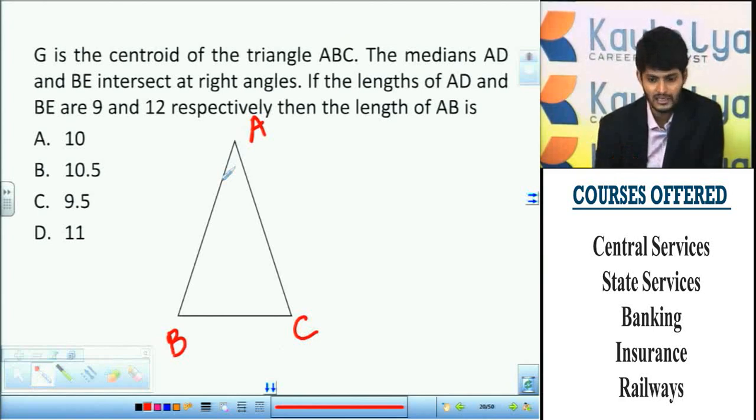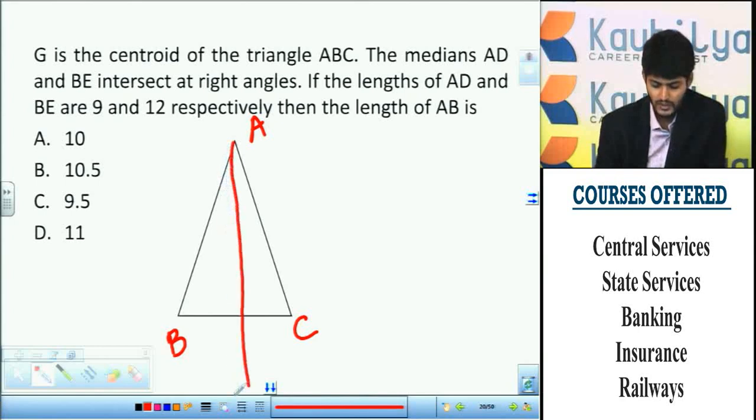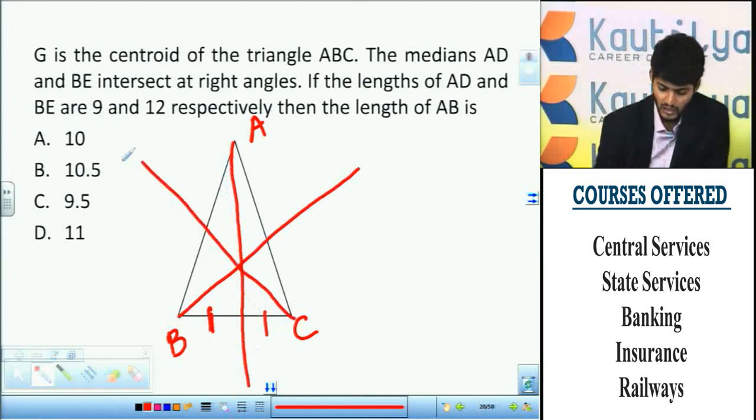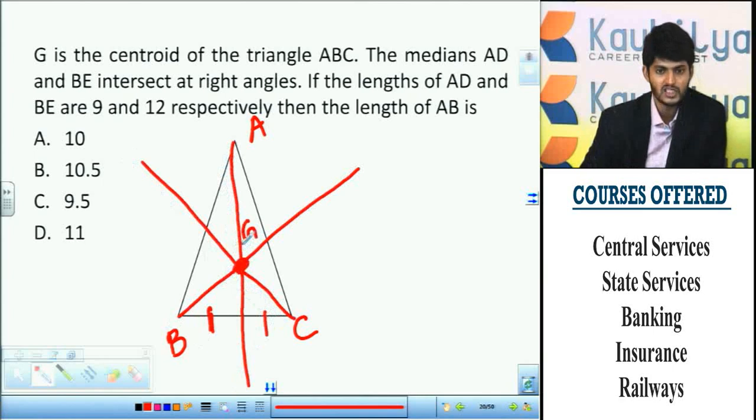Since the nature of this triangle is not given, let us say I draw a median from A, it will divide these two sides into equal parts. Similarly, if I draw a median from B, similarly if I draw a median from C, this point of intersection is denoted using the symbol G, which is called the centroid of a given figure, the point of intersection of medians.